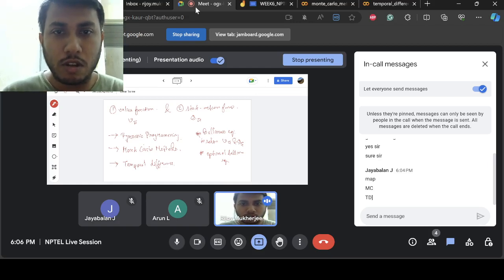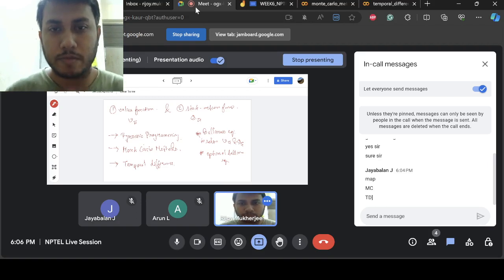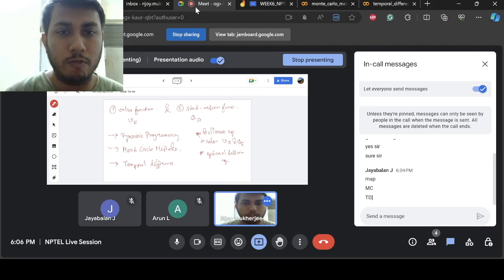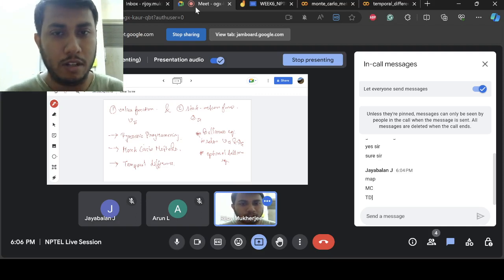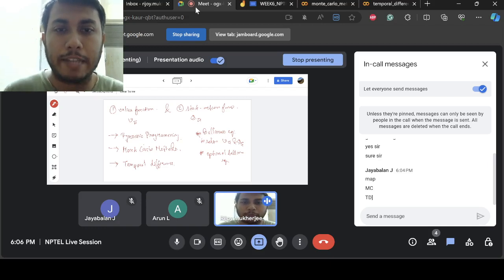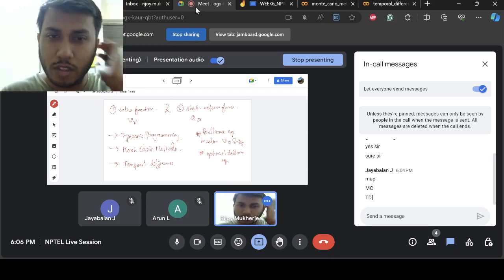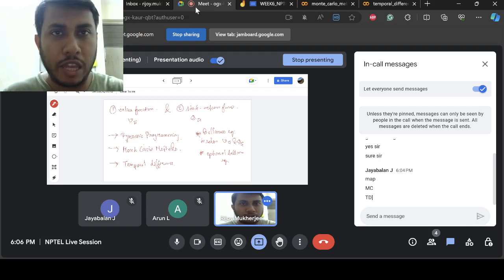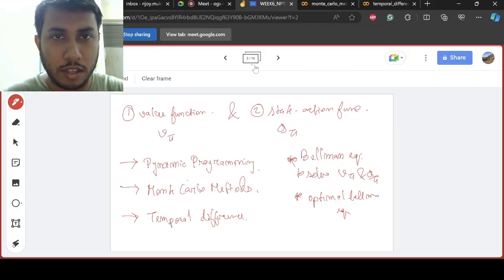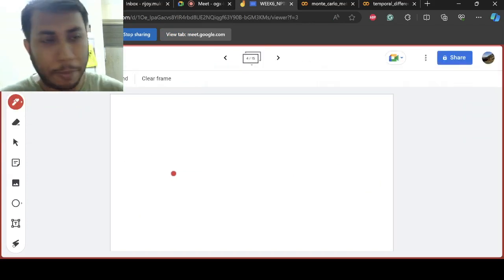So what are we trying to do using DP? We are trying to find out the best policy for the problem at hand. Whatever game we are trying to play, whatever objective we have, we want to find the best policy. So we came across this thing called GPI.